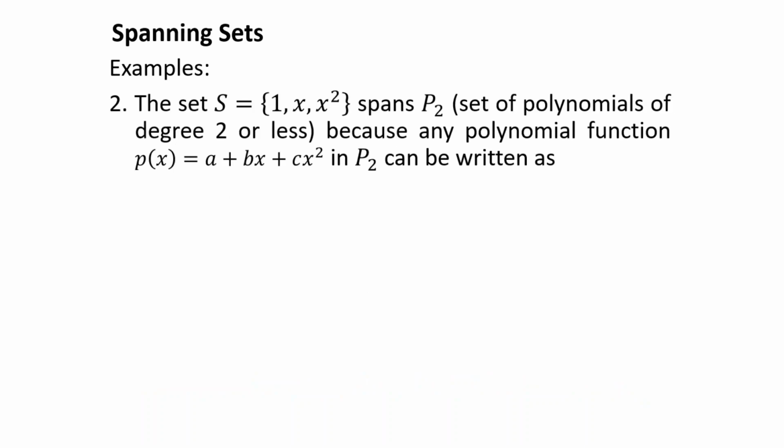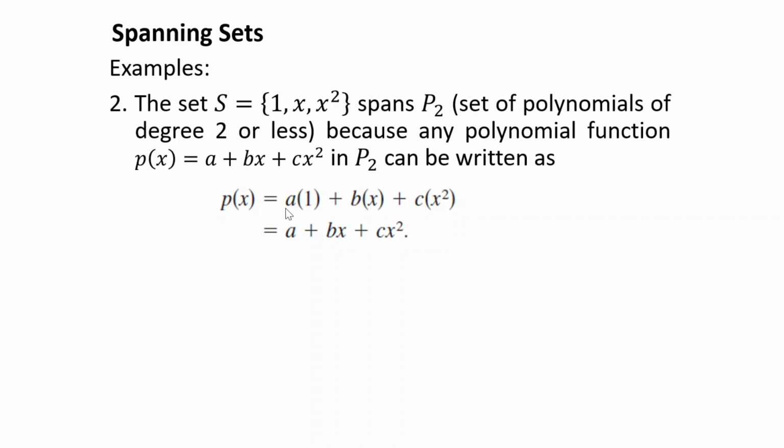Another example is we have the set S containing 1, x, and x squared spans P sub 2. This is the set of polynomials of degree 2 or less. This is because any polynomial function in this form, which is in P sub 2, can be written as, we have that. Okay, so we have the elements of S. We have 1, x, and x squared.